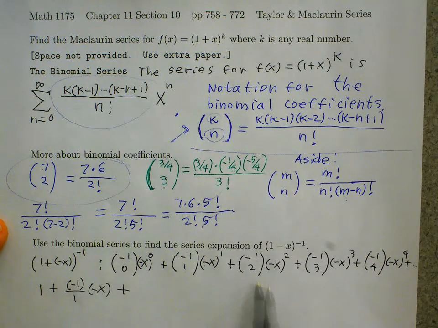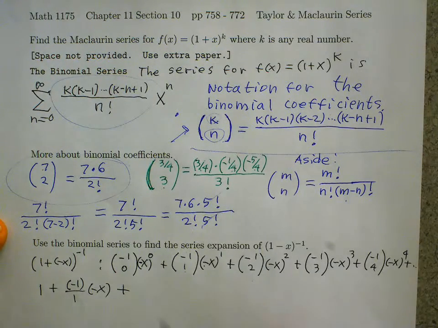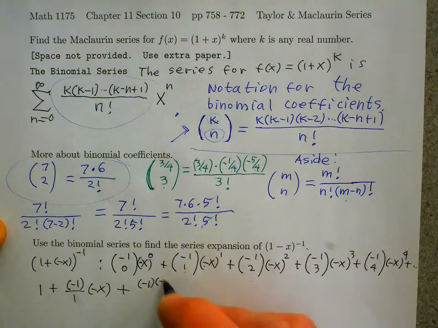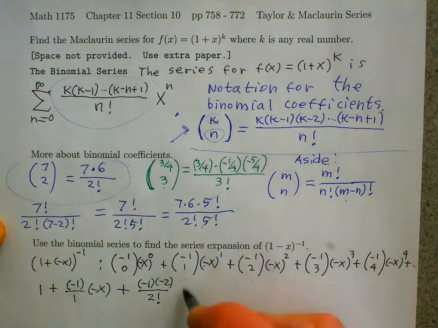Hey, what's the next coefficient? What's the coefficient for the x squared term? Well, negative 1, choose 2. That means negative 1 times negative 2 over 2 factorial. And then the term negative x squared is just x squared.